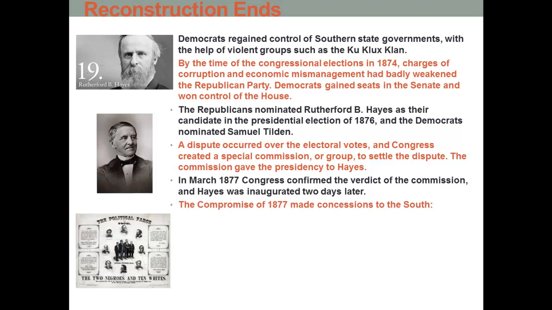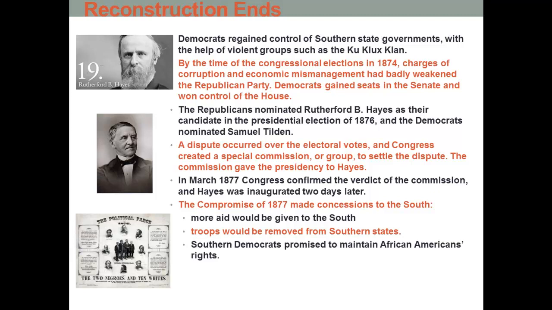In exchange for Southern support of the commission's verdict, concessions were made to the South. The Compromise of 1877 said that more aid would be given to the South, and troops would be removed from the Southern states. In return, Southern Democrats promised to maintain African American rights.